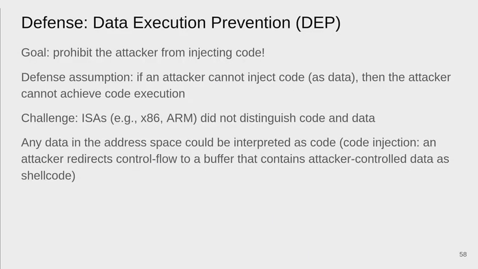As a defense, data execution prevention does not prohibit the buffer overflow in itself, but it ensures that only areas in the address space that have been marked as code can be executed as code. So that's a key difference. Before data execution prevention, any byte in memory could potentially be executed.